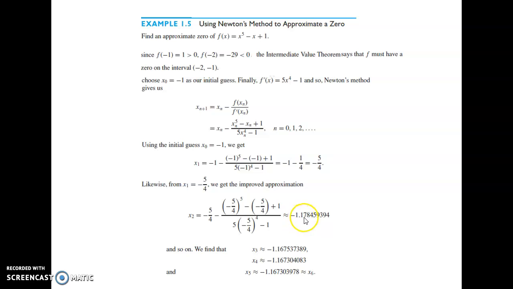I simplify this and I get this. For x3 I put n equal to 2, then I will use this value in the next one. So x3 will be this, and x4 will be this, and x5 will be this, etc.